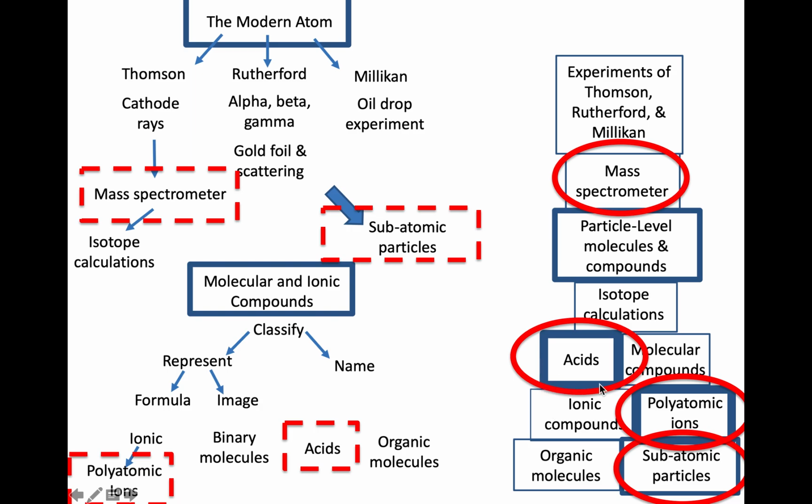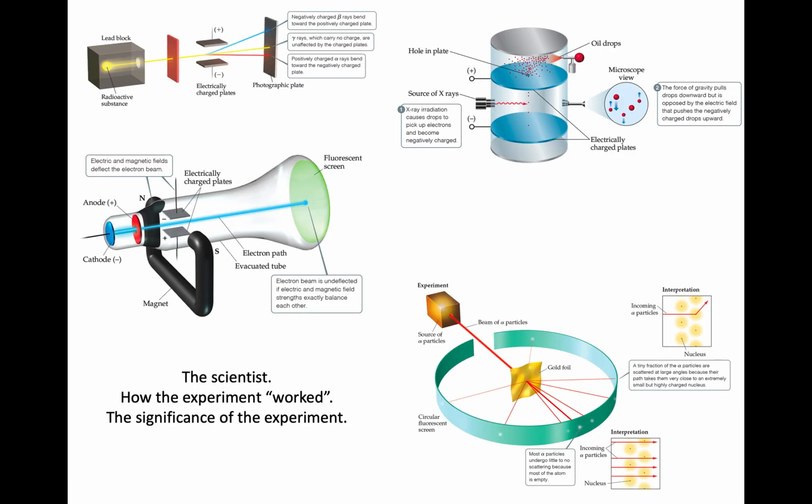But what I'm putting in the thicker outline here, they're really important as ideas that we will be using throughout the semester. So we want to become very capable at recognizing acids and polyatomic ions and also subatomic particles, having an understanding of the symbolism for those.